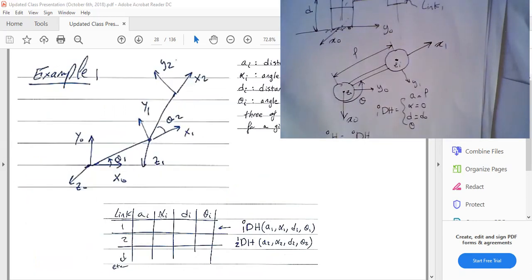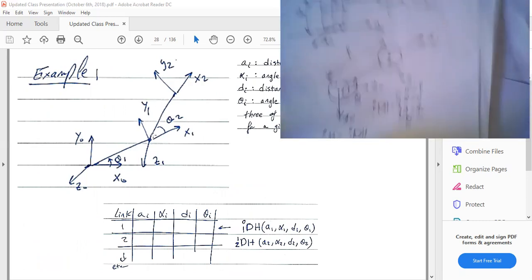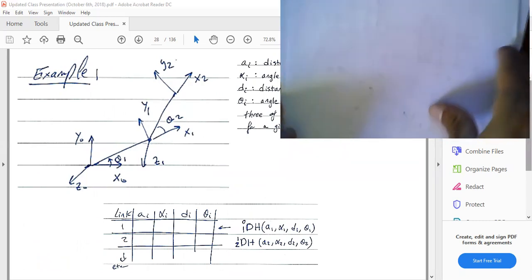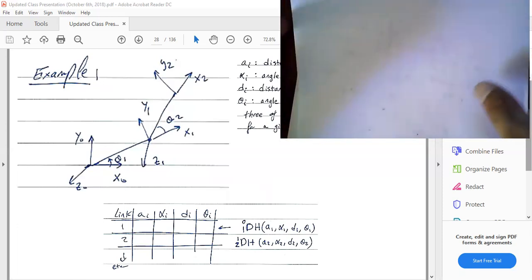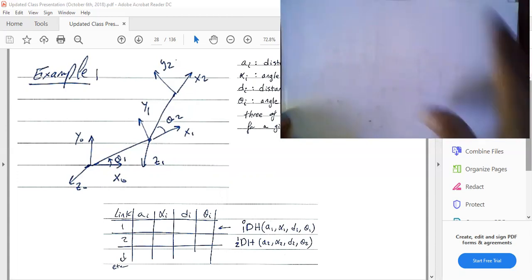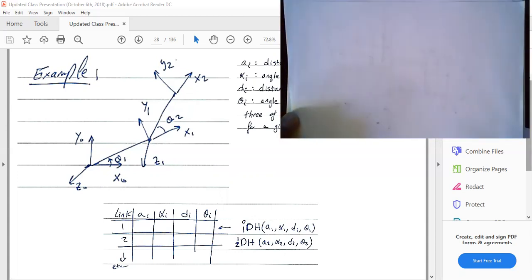Okay, so this is my DH here, and let us do a brief example. Let's say we have this robot, the robot in example one. This is a serial robot. Sometimes they label robots by their kinematic configuration, like R for a rotational joint.